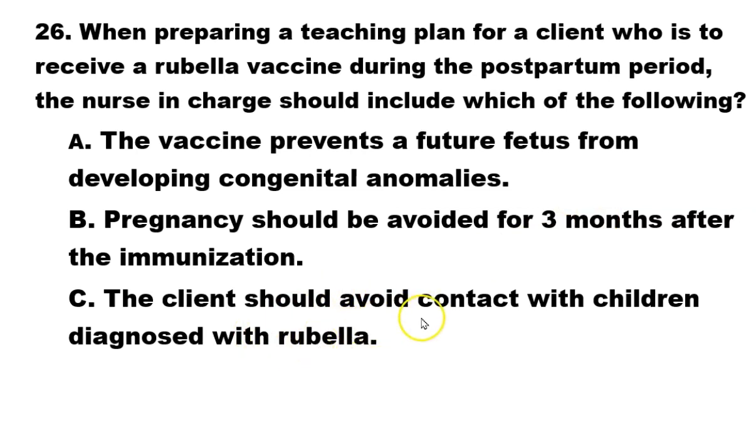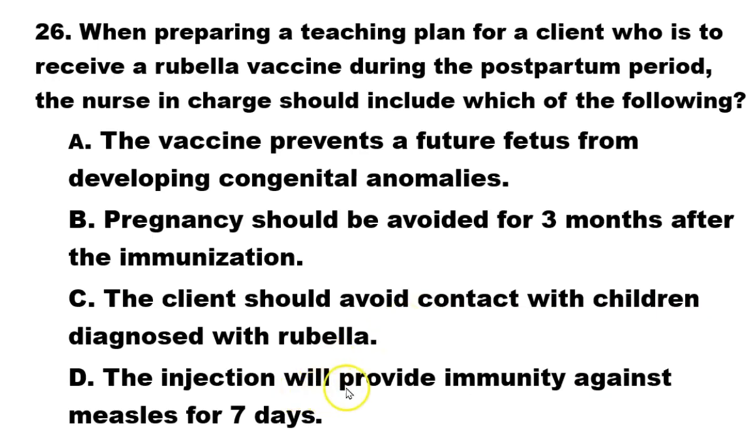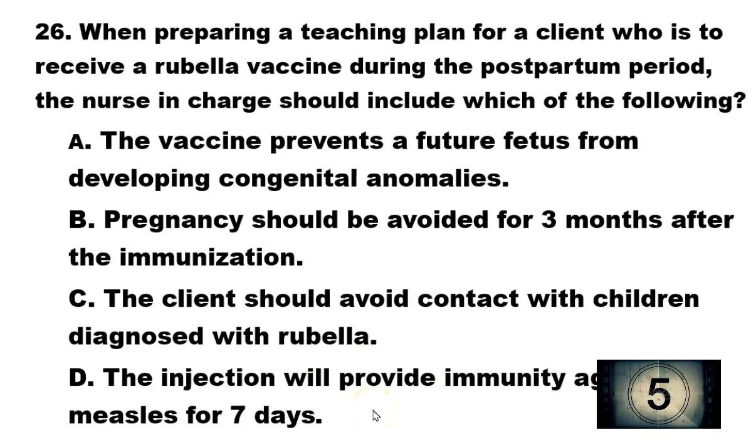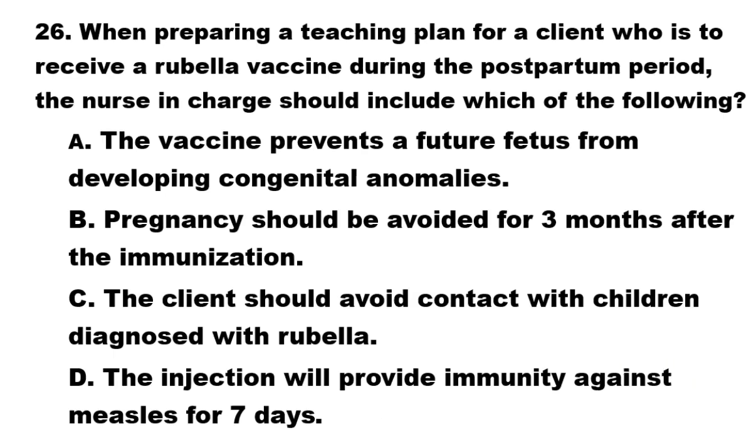C. Client should avoid contact with children diagnosed with rubella. D. The injection will provide immunity against measles for 7 days. The correct answer is B. Pregnancy should be avoided for 3 months after immunization.